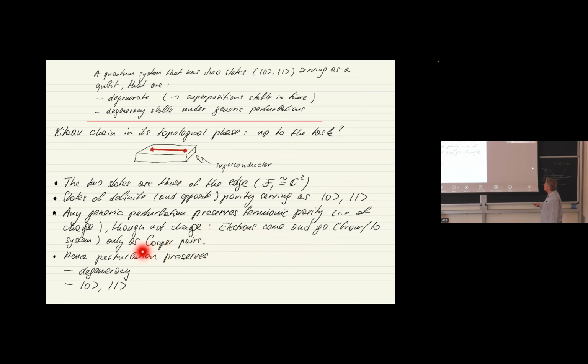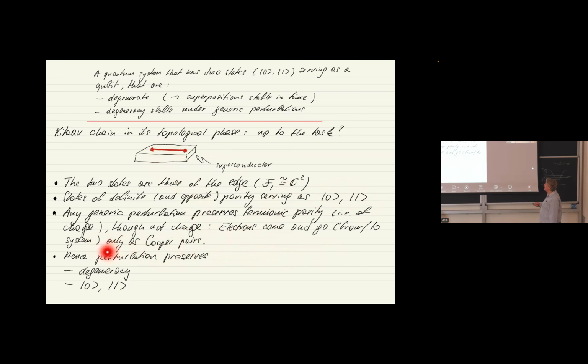Electrons come and go only as Cooper pairs, not one by one. So you have to make sure that this is true in order for this to work. But if it were not for the superconductivity property, the whole thing would be an insulator. So charges don't get in and out that easily, only as Cooper pairs they do, but that is fine.